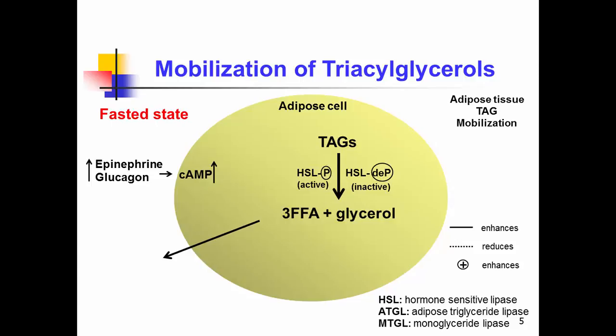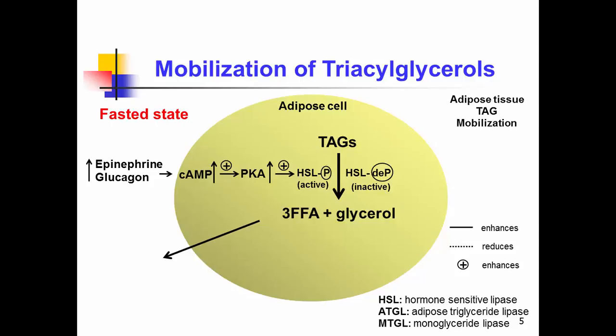So epinephrine and glucagon stimulate increased cyclic AMP levels, which causes protein kinase A activation, and eventually stimulates HSL phosphorylation and HSL activity. So hormone-sensitive lipase activity is increased by epinephrine and glucagon during the fasting.